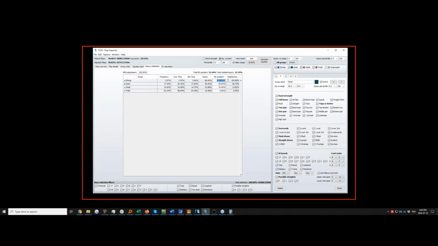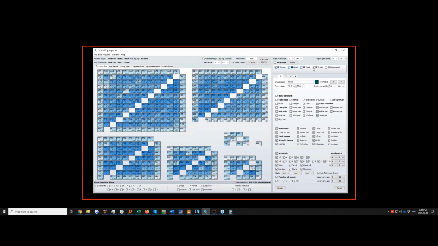So let's see, if you were going to realize 100% of your equity on all the possible different types of flops where you flop different sorts of equity. Here is the equity realization percentage. So let's say you realize 100% of your equity across all flops, which we already saw is very difficult. Let's go back again and look at the flops where you flop trash.